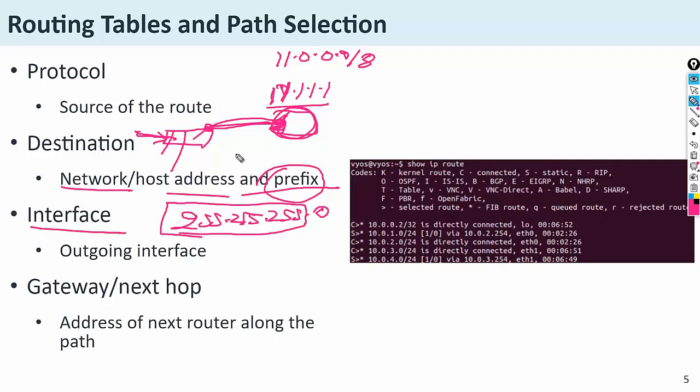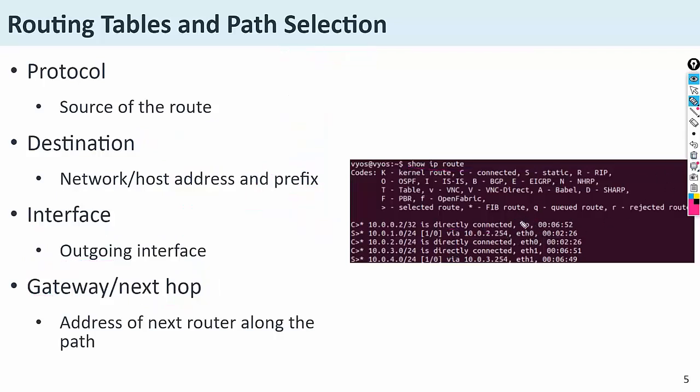Interface is the outgoing interface, the interface on which it will go out, and the gateway or next hop address means who is the next hop. For example, when I run the ip route command here, you can see this is directly connected, but the adapter is a loopback. Loopback adapter means just a loopback, only the loopback.